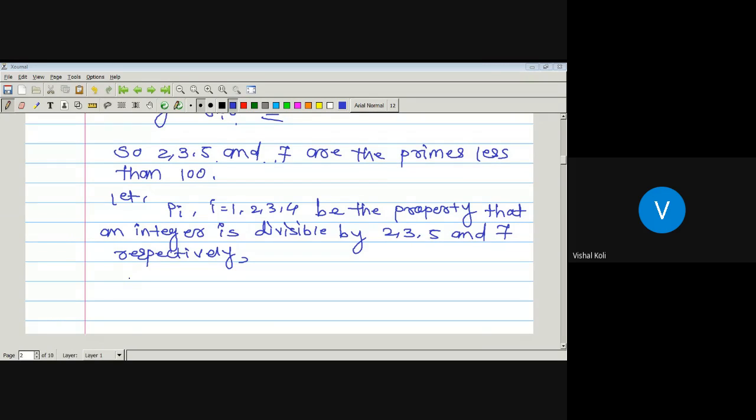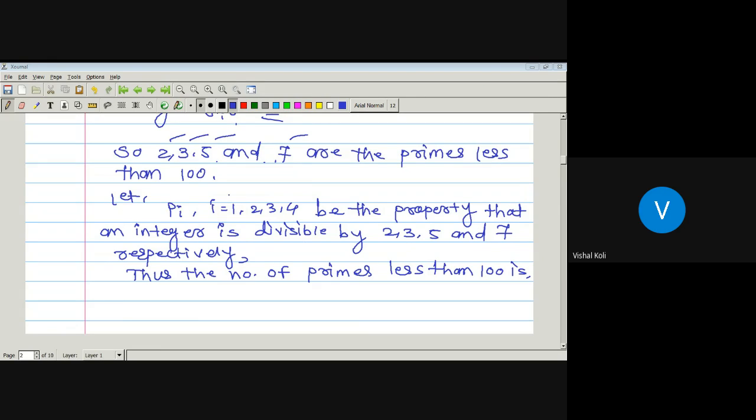Thus the number of primes less than 100 is found just by using the sieve method. That is, we have to just eliminate the multiples of 2, multiples of 3, multiples of 5 and multiples of 7. Then the remaining numbers are nothing but the primes less than 100.